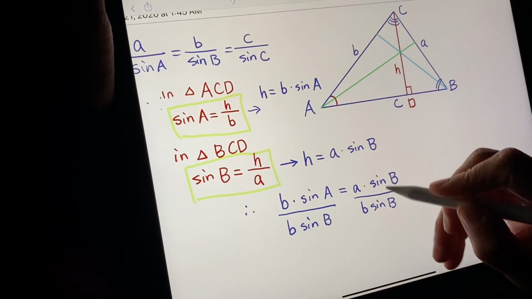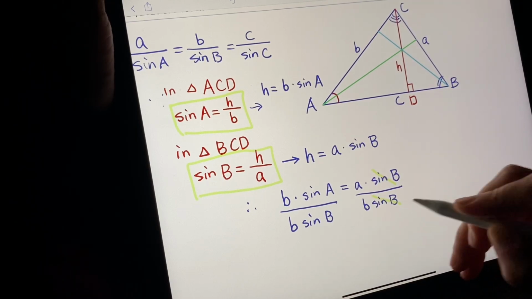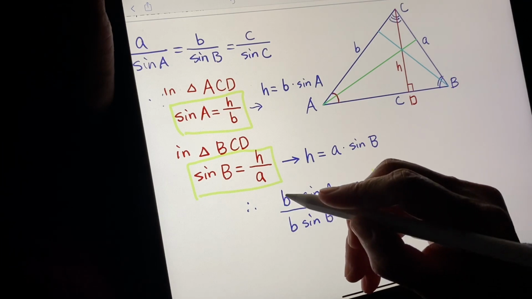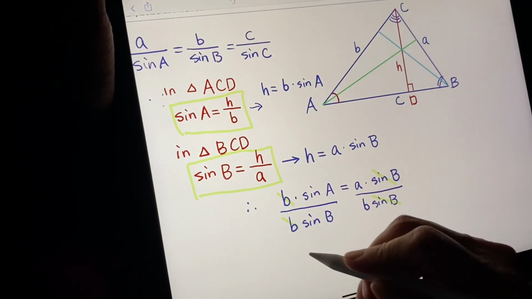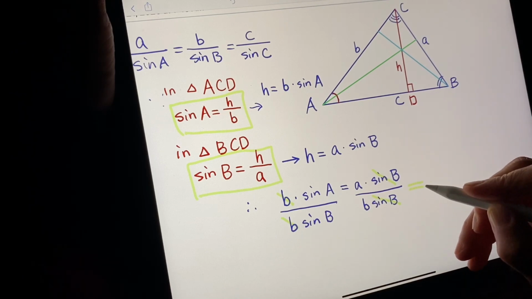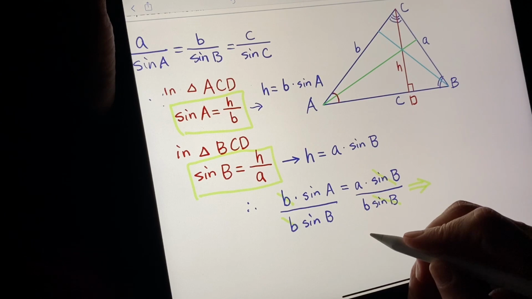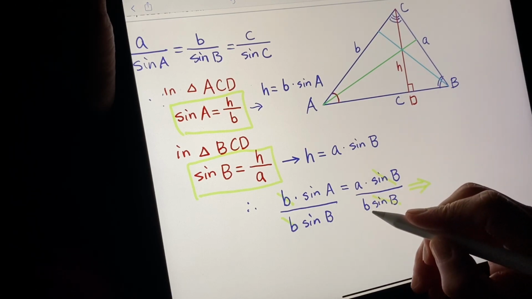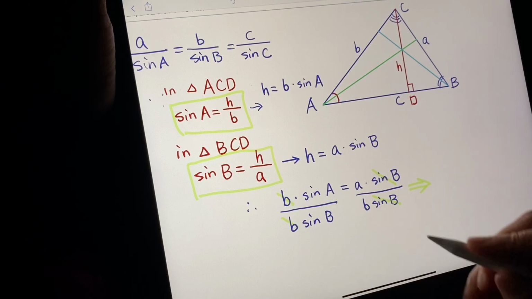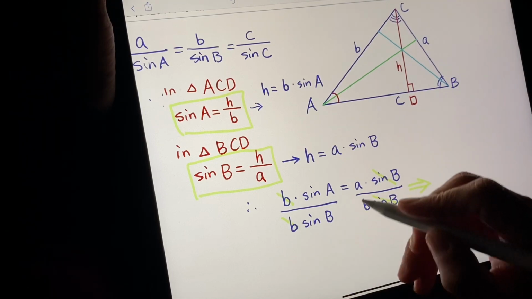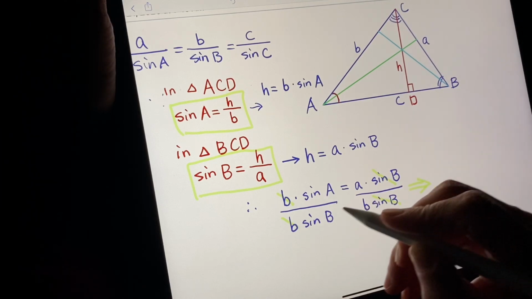So sine B and sine B on this side, we can cross cancel. b and b, we can cross cancel. What do we get? We get a over b equals sine A over sine B, or a over sine A equal b over sine B.